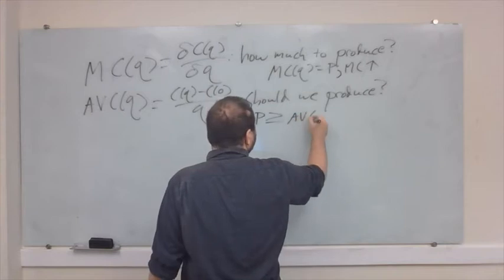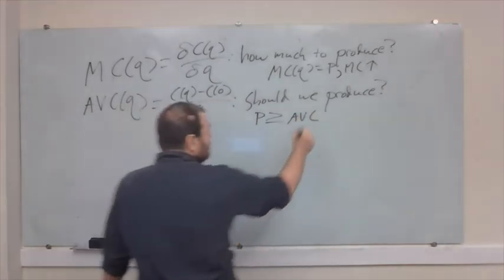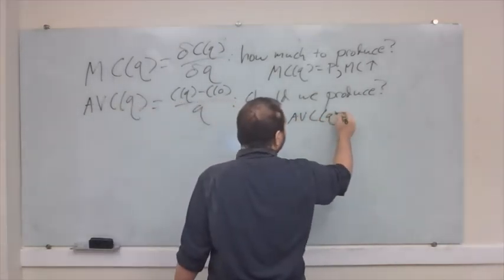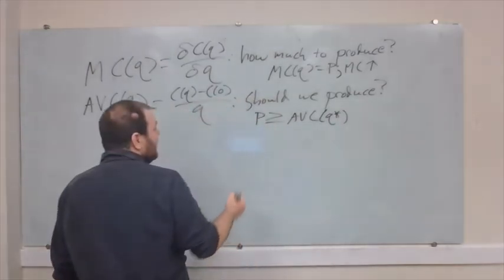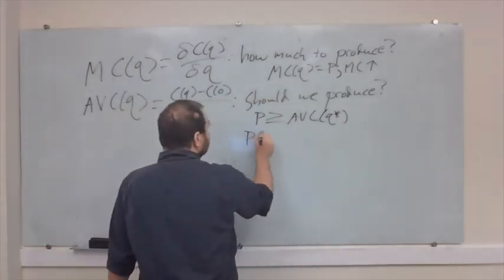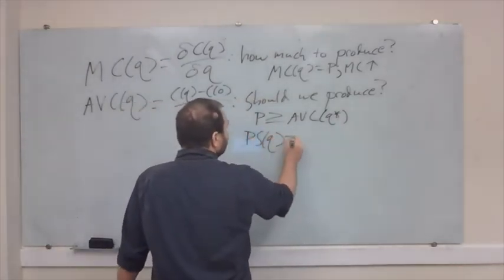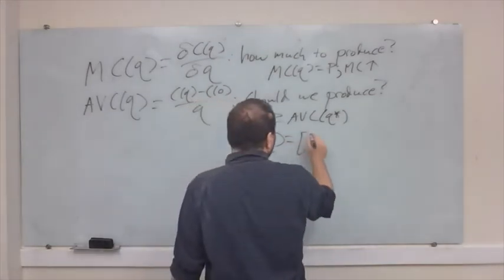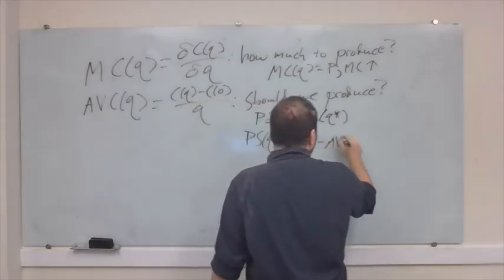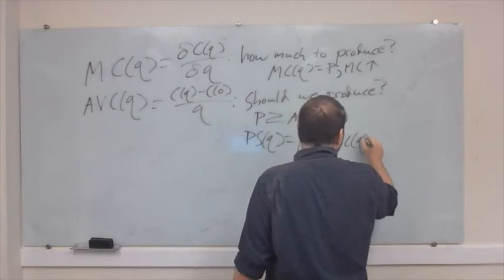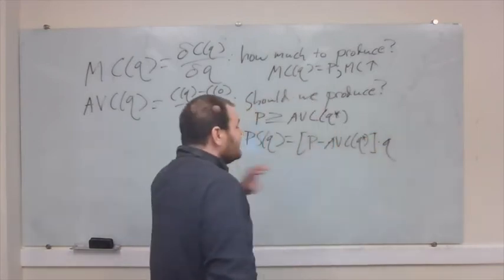We can also say, calculated at Q star. We can also say that our producer surplus is going to equal price minus average variable cost, at Q star, times Q. Right? This is the benefit of the producer from being in the market.